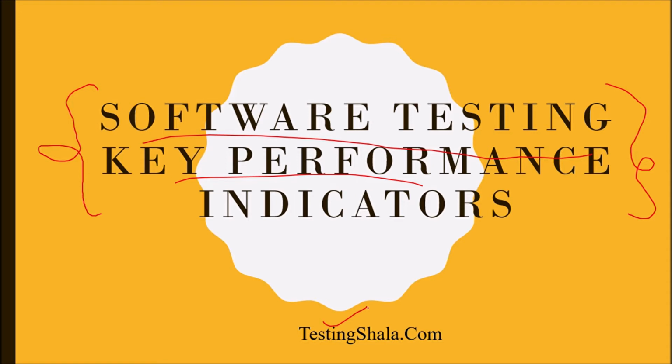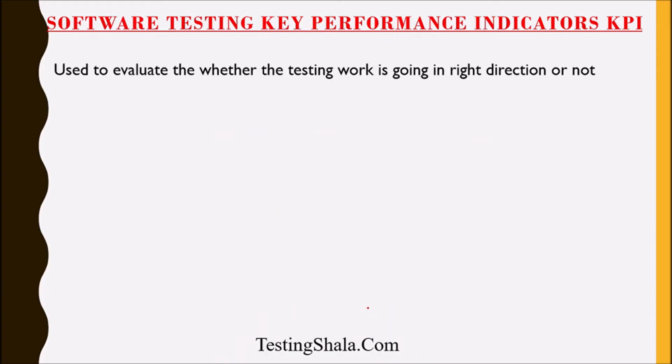So let us move on and understand what these key performance indicators for software testing are. Let us understand why we really require key performance indicators. These are metrics or indicators that would help to assess whatever plans we have made in terms of testing.